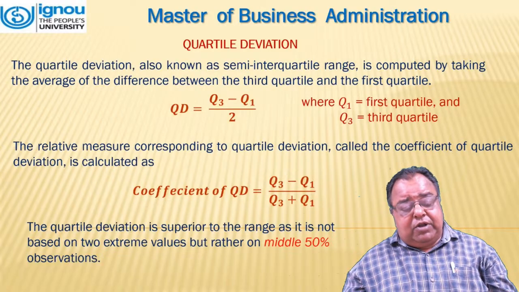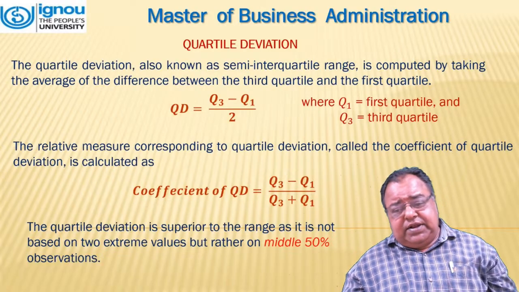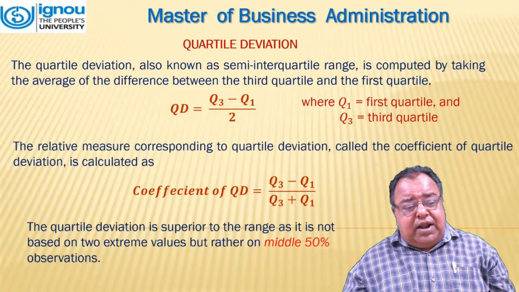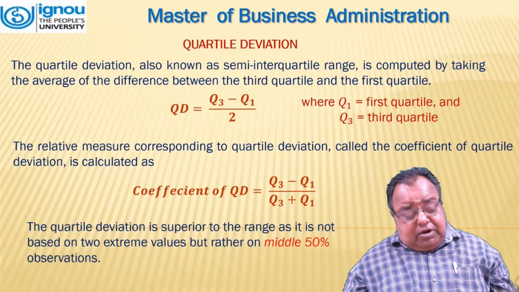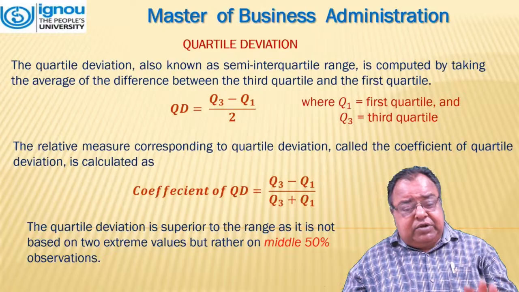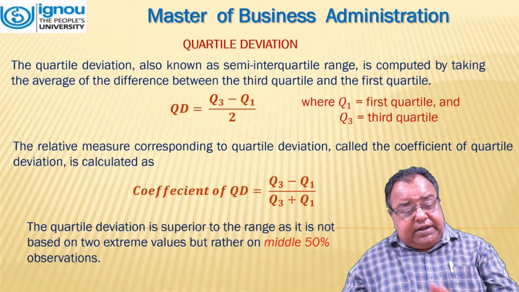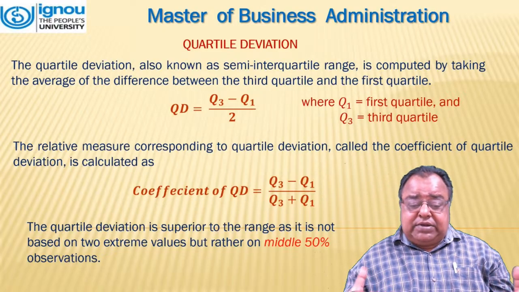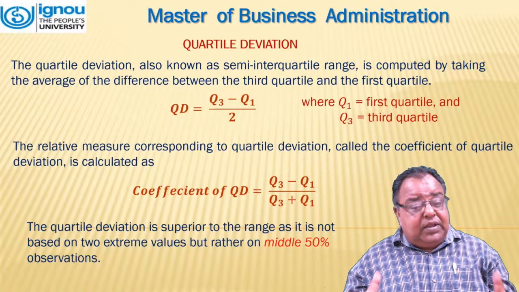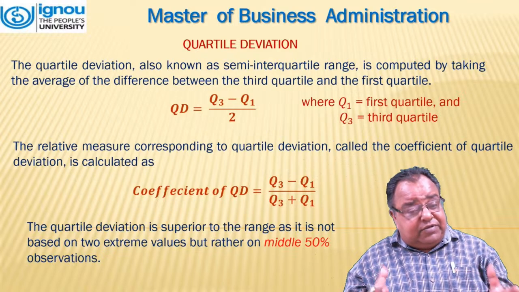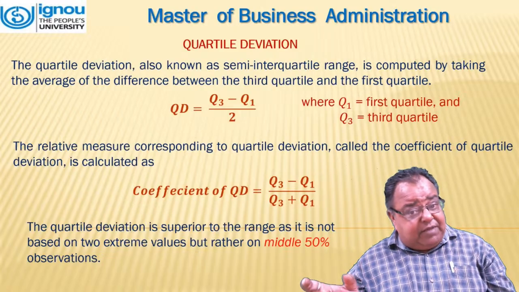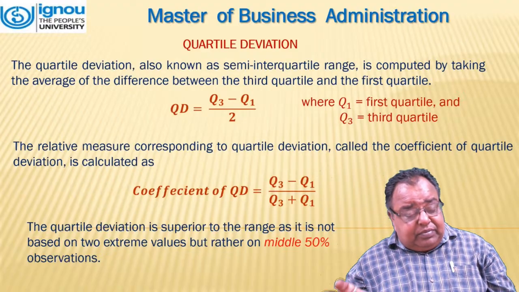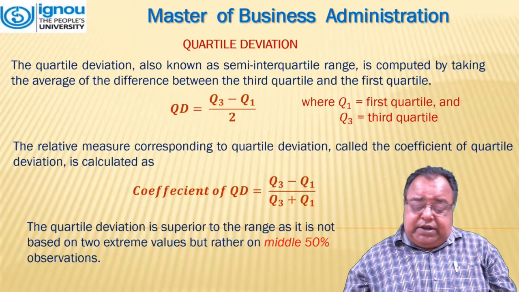The relative measure corresponding to quartile deviation is known as the coefficient of quartile deviation, which is evaluated as (Q3 minus Q1) by (Q3 plus Q1). The quartile deviation is superior to the range as it is not based on two extreme values, but rather on the middle 50% of the data. That means Q1 is 25% and Q3 is 75%, so we are talking about the difference covering 50% of the data.